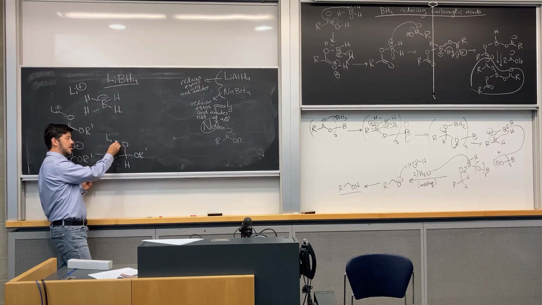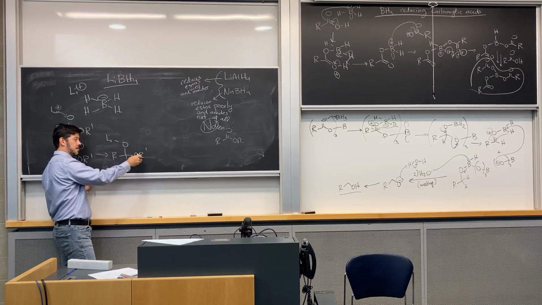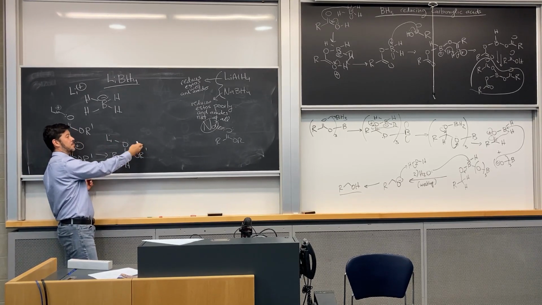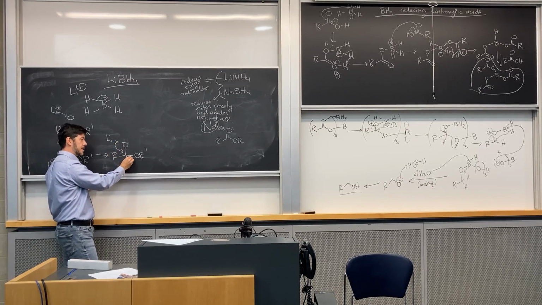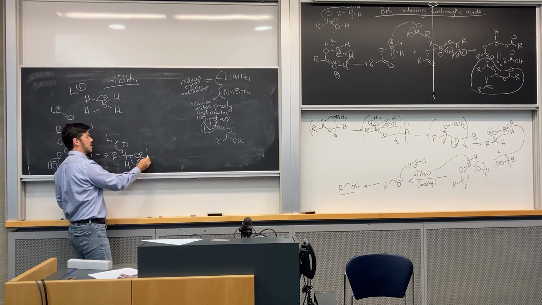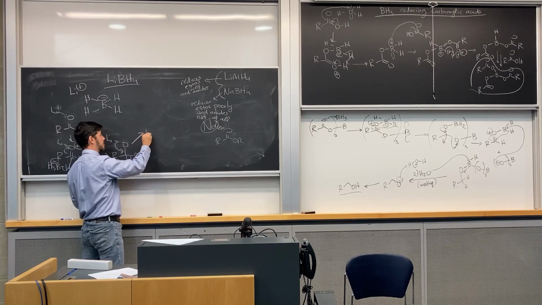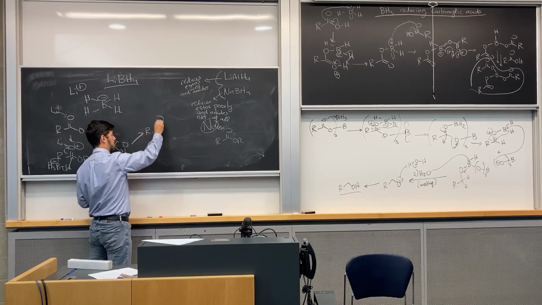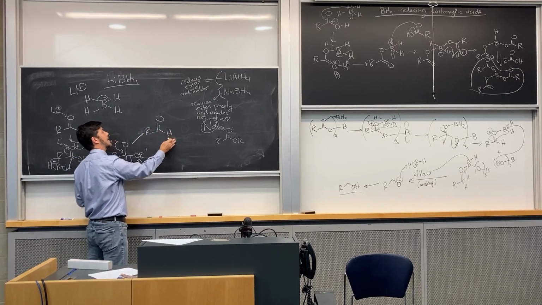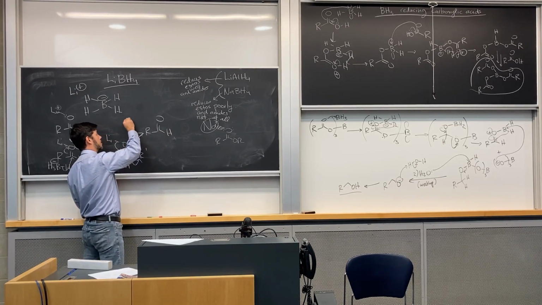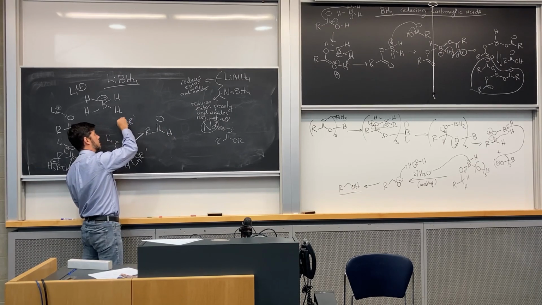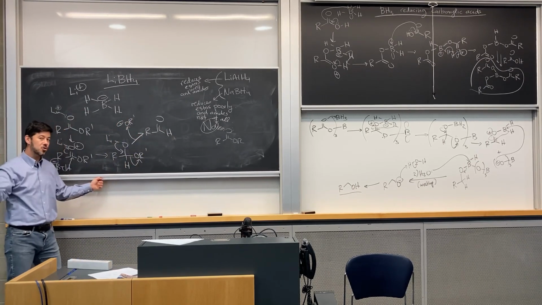At this stage, this is not a great leaving group, but it's good enough for the system we're using. Electrons will come back down, you'll kick off your alkoxide, and you generate an aldehyde, right? And you have your lithium back out in solution.